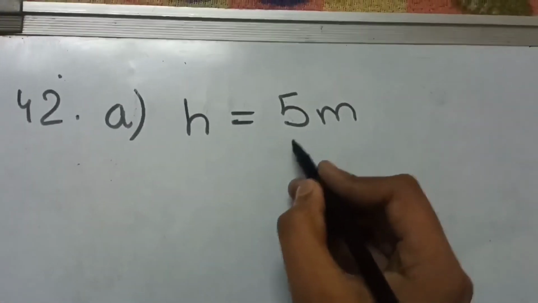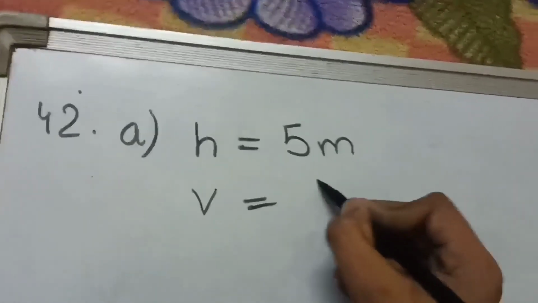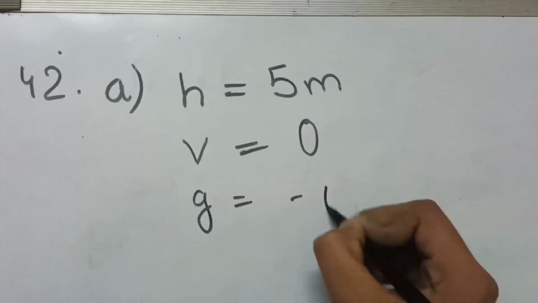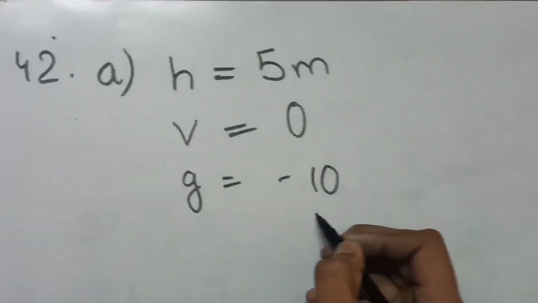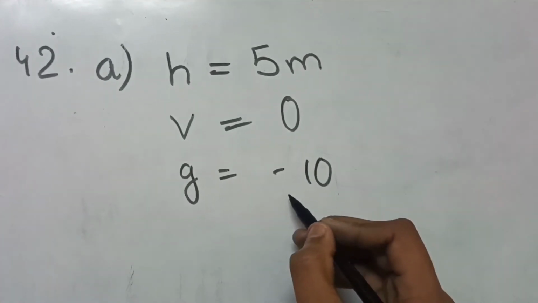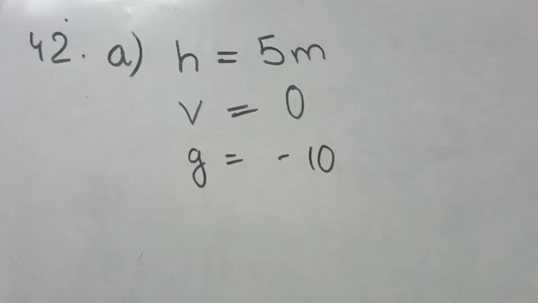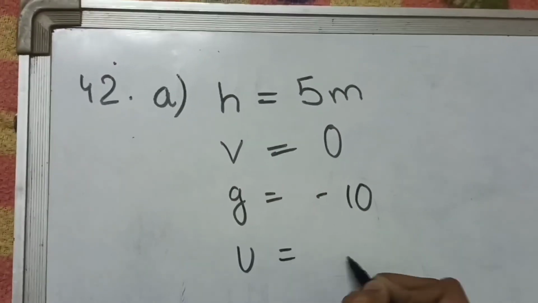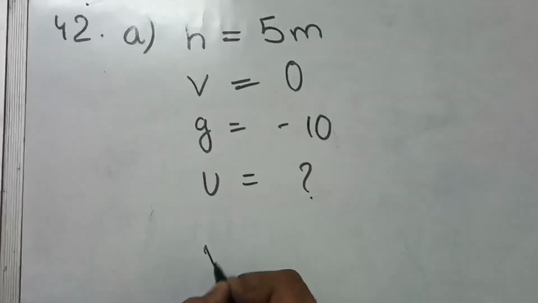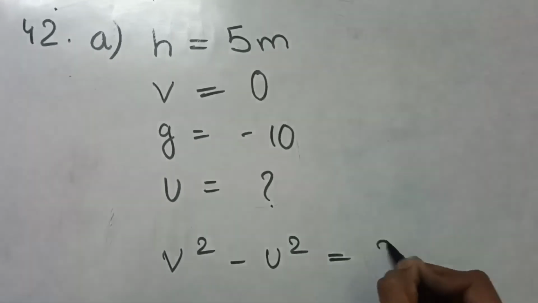So we know the h, it is 5 meters. We know the v, it will stop at the highest point, so it's 0. G is equal to minus 10, as it's specified in the question that the value of g is 10, and here it's moving upwards against the force of gravity, so it will be minus 10. And we have to find u. So here we are going to use the equation v square minus u square is equal to 2gh.